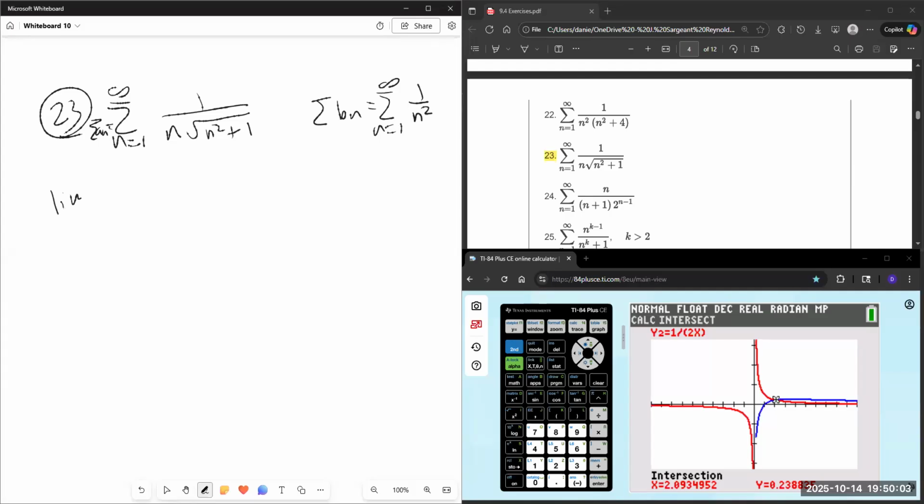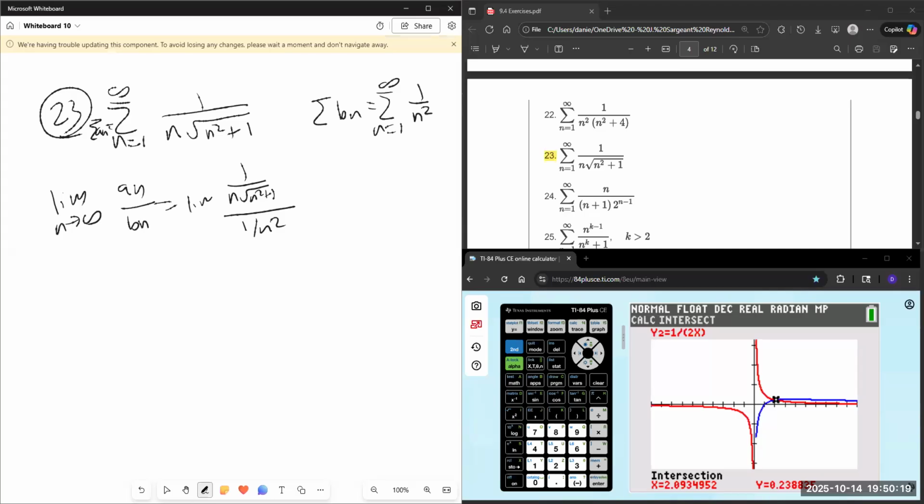The limit as n goes to infinity of An over Bn is equal to 1 over n root n squared plus 1 over 1 over n squared. And I need this limit symbol in front of this. This is equal to the limit as n goes to infinity of n squared over n root n squared plus 1.